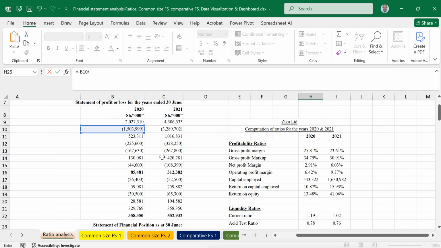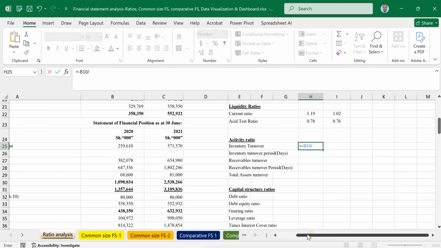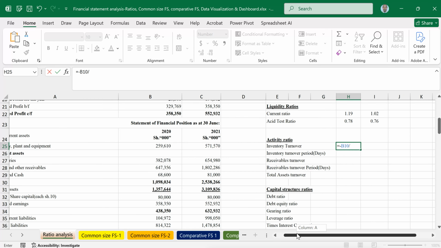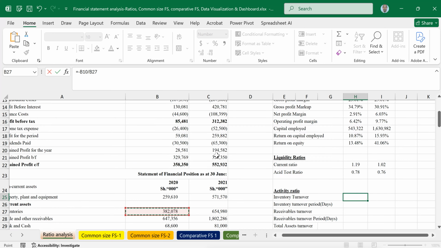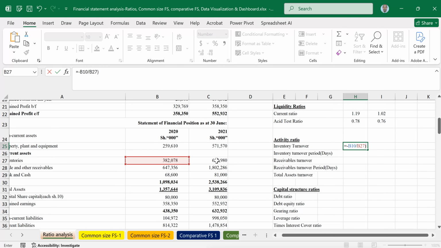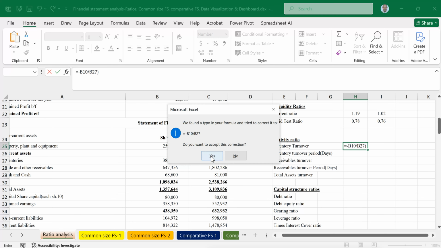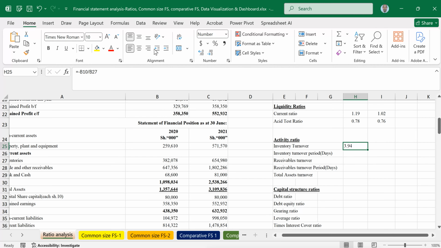Only one inventory that you have, because there's no way we are going to get average if we are in 2020. So just take negative the cost of sales over the one inventory that you have. Enter, and that will be 3.94.